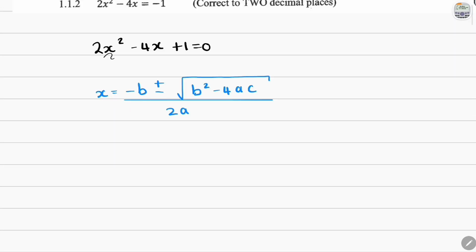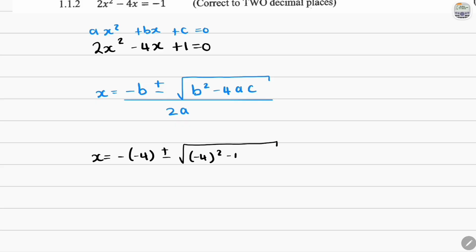Now we're not going to factorize, we're just going to use the quadratic formula, which looks like this. Because this is in its standard form, in the form of ax squared plus bx plus c, we can just substitute these. So x is equal to negative, and we have negative 4, plus minus the square root of negative 4 all squared minus 4 times a, which is 2, times c, which is 1, all over 2a, which is 2.